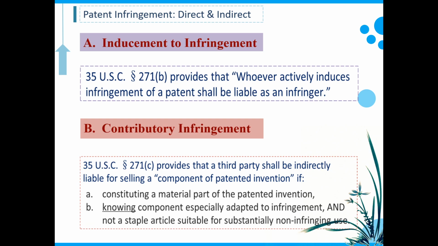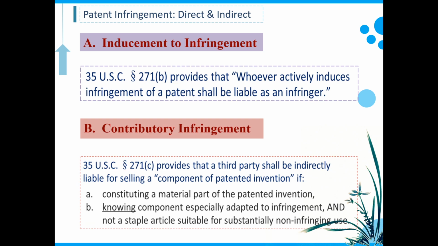If these arguments are accepted by the courts, the sellers or providers of the stable article, or the article suitable for substantially non-infringing use, would not be held liable under contributory infringement.